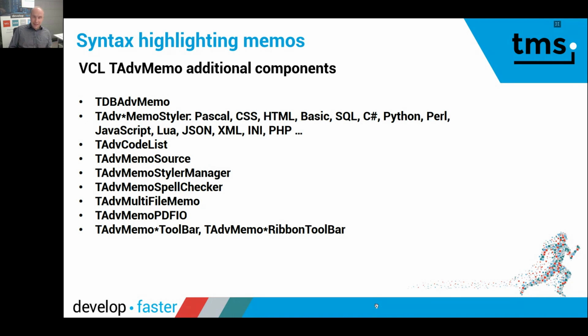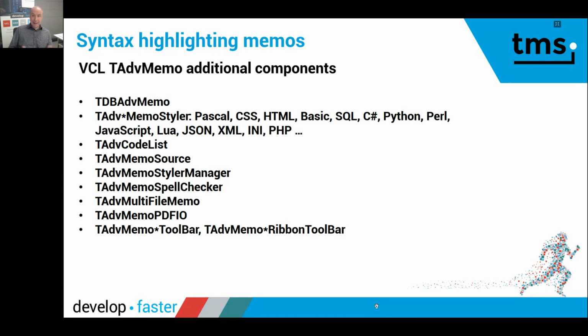We have the DB aware version. So for people who use it in a database situation where your code snippets, for example, are kept in a database, then you can use the DB ADV memo and simply link to a blob field that holds the code that should be handled in the memo.